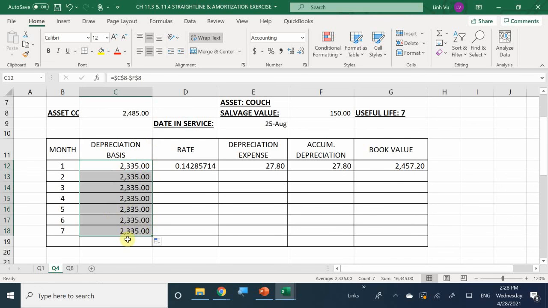That I'm just going to depreciate it for the same, or my basis is going to always stay the same, whether it's a monthly thing or whether it's a yearly thing. That's your start of what you're going to be looking at, okay? And then my rate. 27.80. Okay, my rate. I meant it's going to stay the same. Yes, it's all going to stay the same.